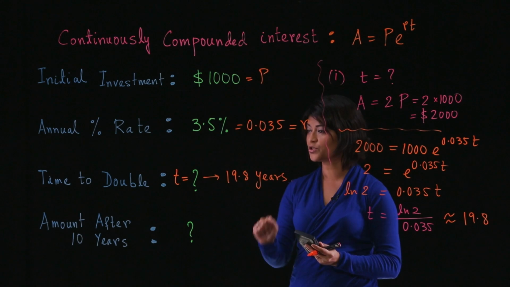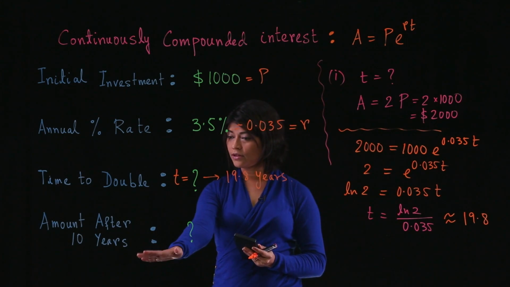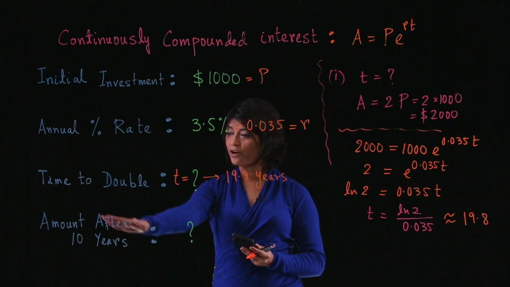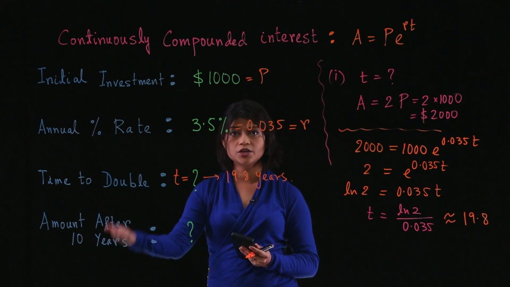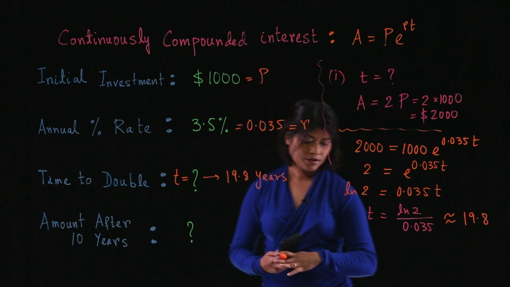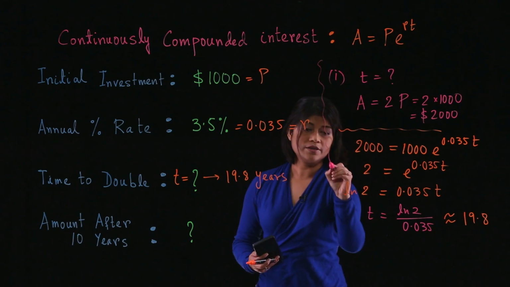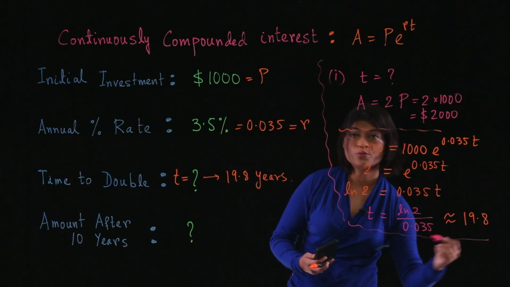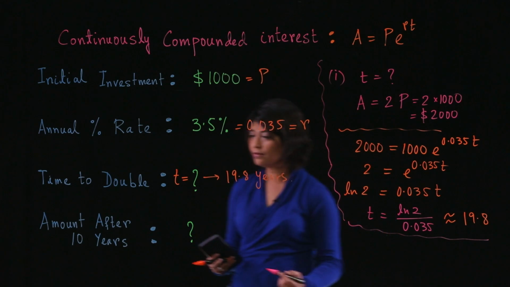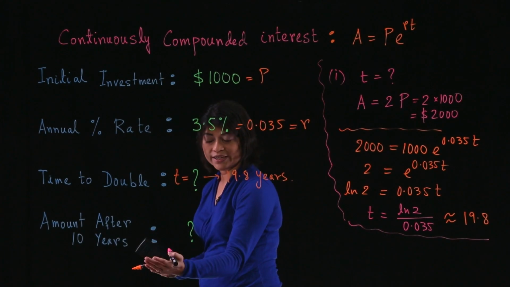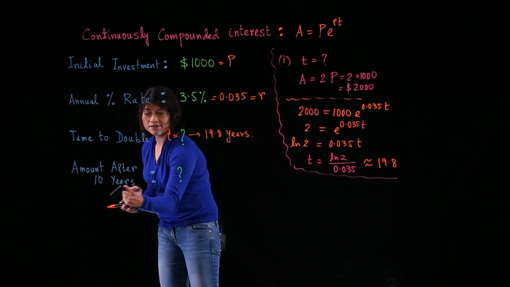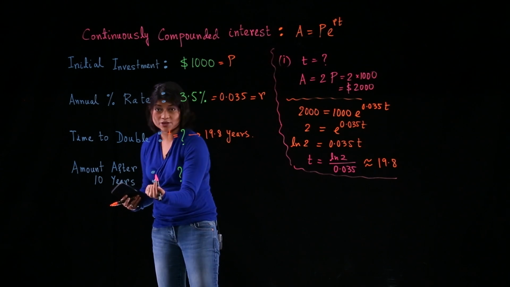So it will take that many years to double the initial amount. All right, so this completes the first one. The second missing item that we have to figure out is what will the amount be after 10 years? Let's think about what's given and what we really have to find. The years are given to us, so that's our t.